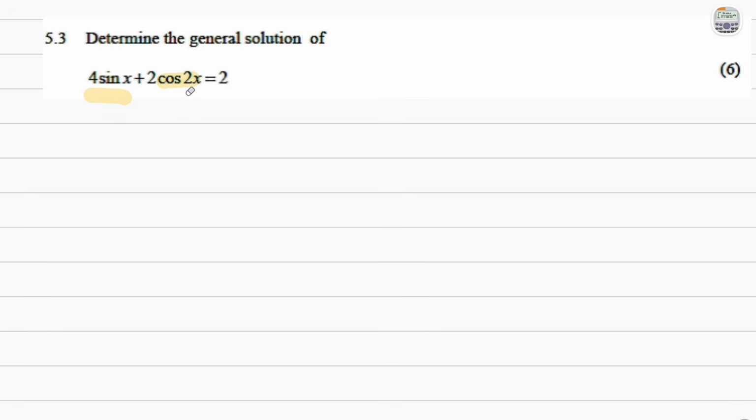So if you use something that has cos squared, that's not going to work, because then where's this sine x going to fit in? When you see things like this, okay, you have sine x and you have cos 2x. This is pointing at a trinomial. So this is going to become a trinomial if you ensure that you change this to a double angle expansion that only has sine squared x.